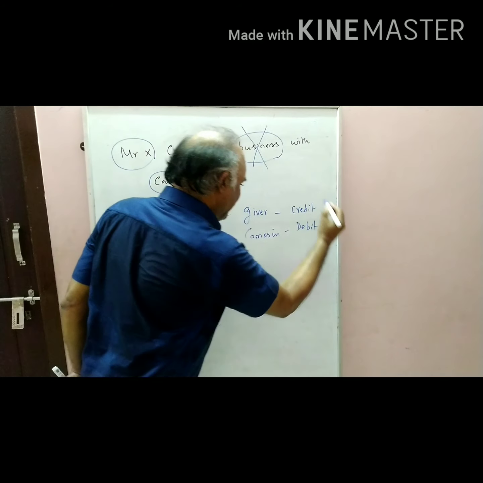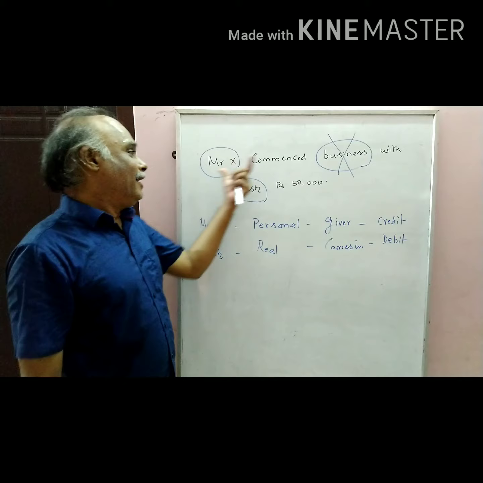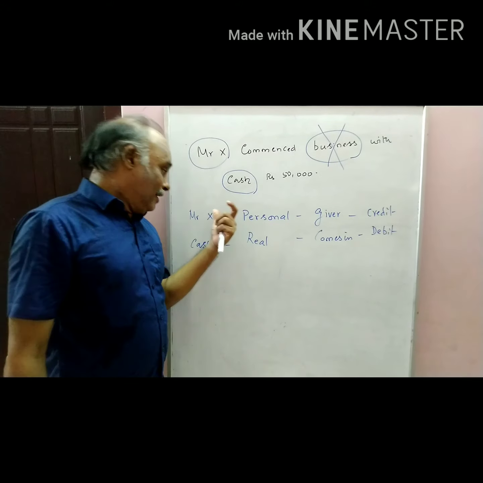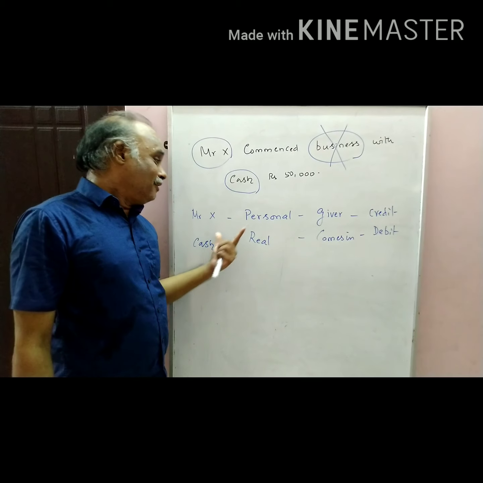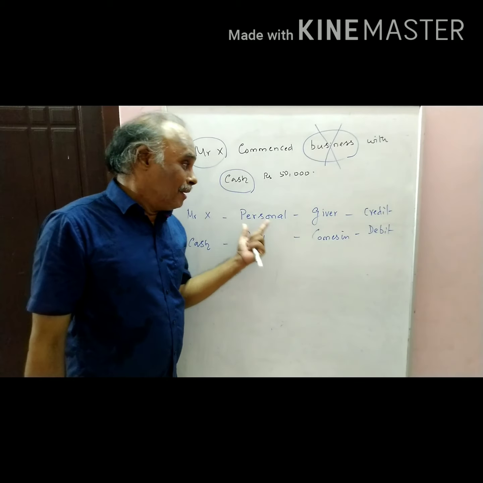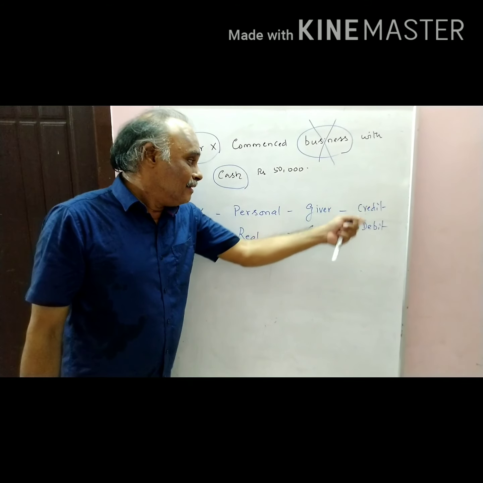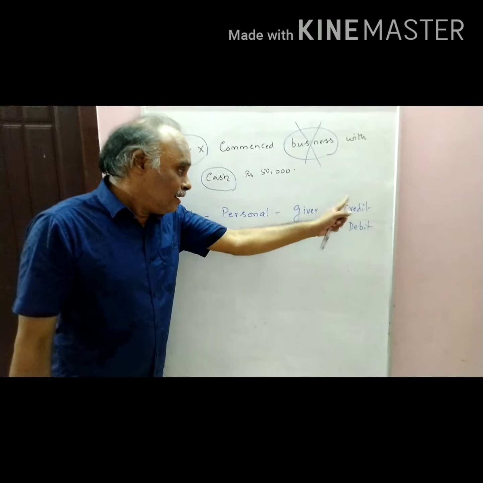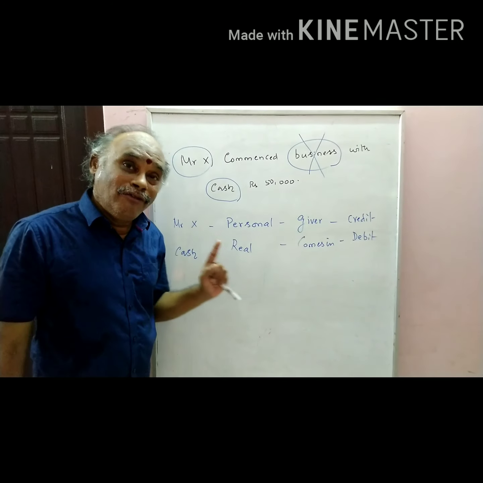Debit. So now we have taken the transaction, we have picked the nouns, and we have bifurcated the nouns according to personal and real by applying the accounting rule as debit and credit. And here the rule application is very important.